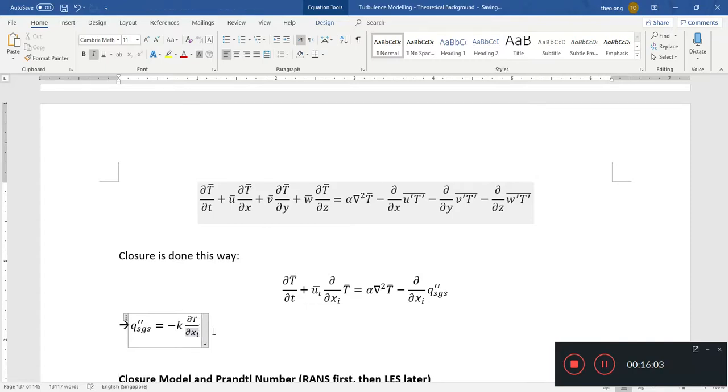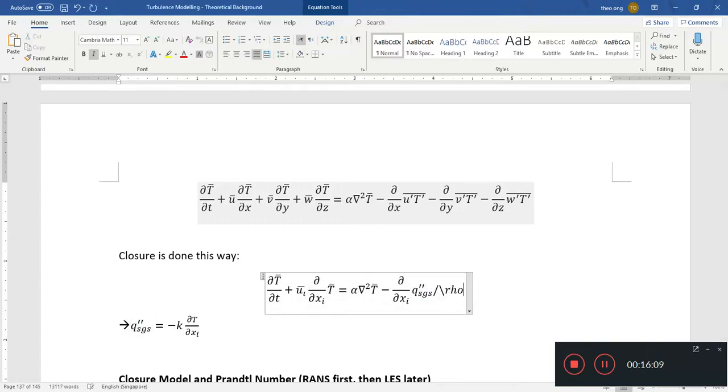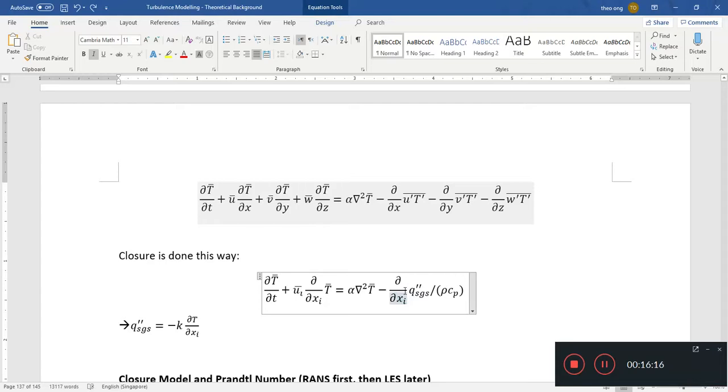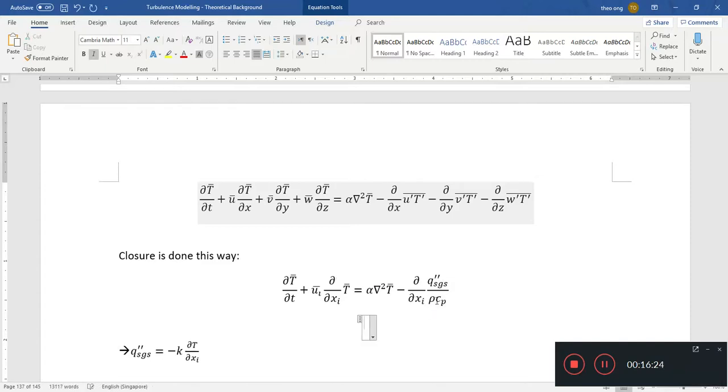All right, I think again I made an error. I think to correct it, this should be divided by rho Cp. All right, that's better.